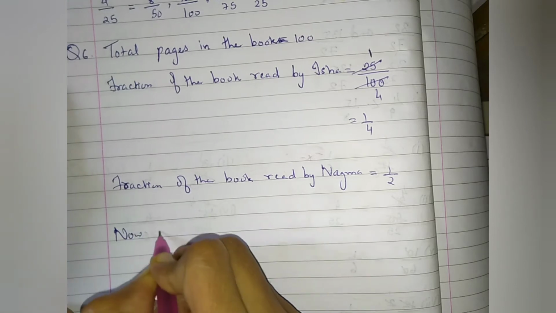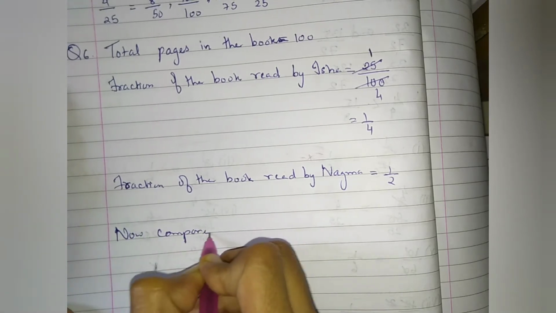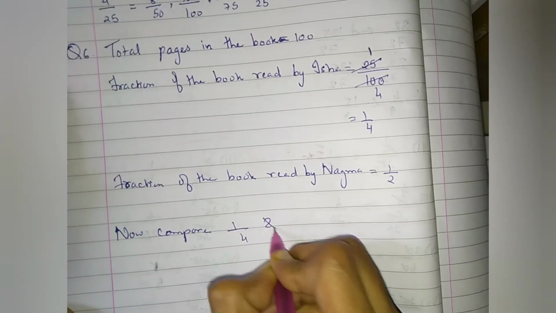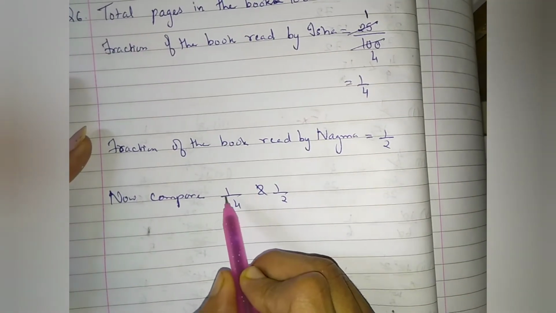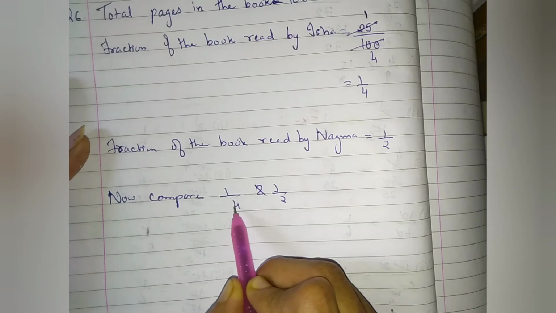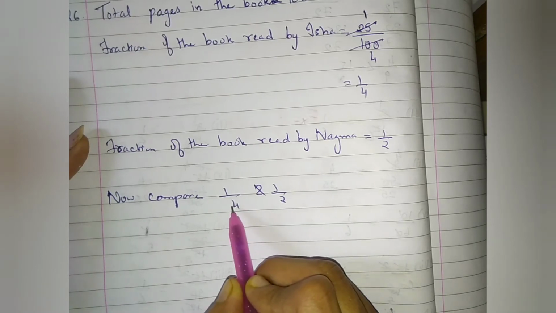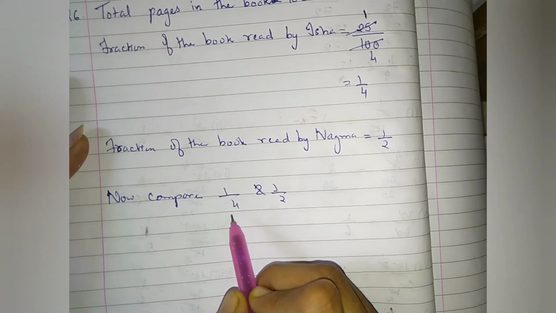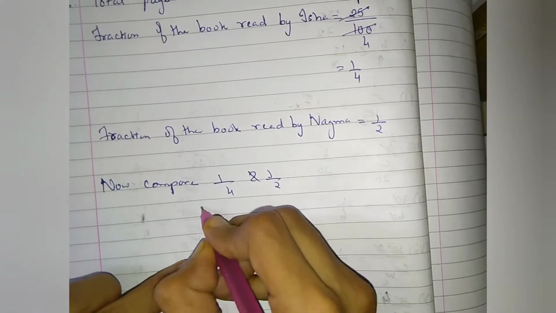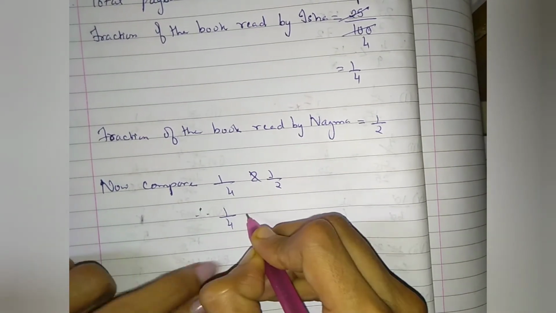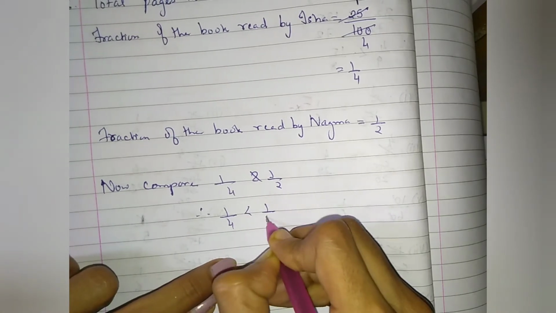So now compare 1/4 and 1/2. Here directly we can write that if the numerator is the same, whichever has the biggest denominator is the smaller number. So we can write therefore 1/4 is less than 1/2.